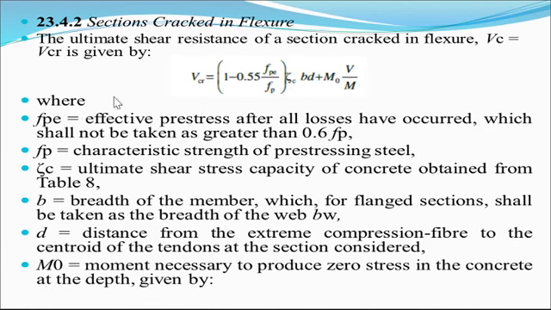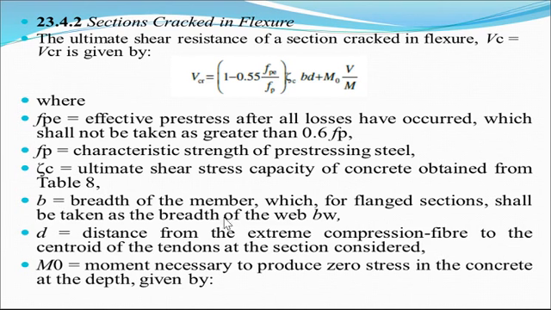Now what is fpe? fpe is the effective prestress after all losses have occurred, which shall not be taken as greater than 0.6 fp. It should not exceed 0.6 fp. What is fp? It is the characteristic strength of the prestressing steel. Tau c is the ultimate shear stress capacity of the section obtained from Table 8.